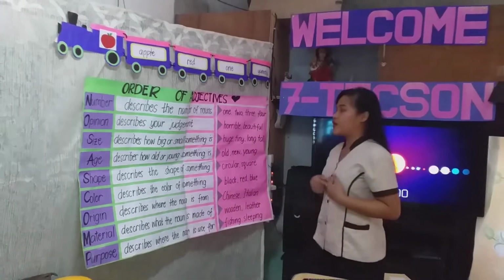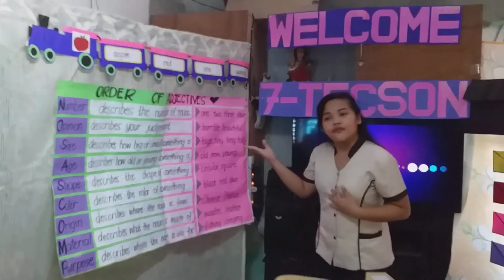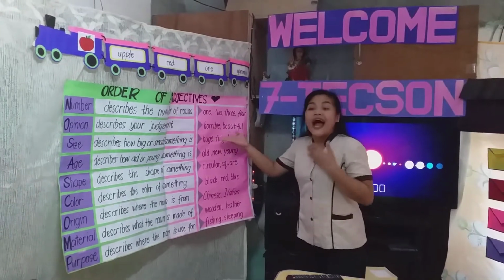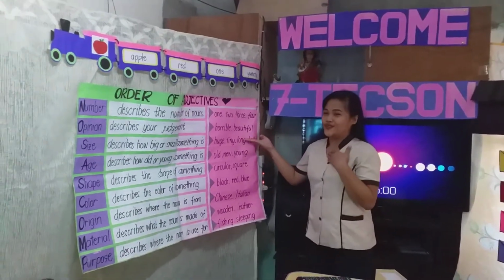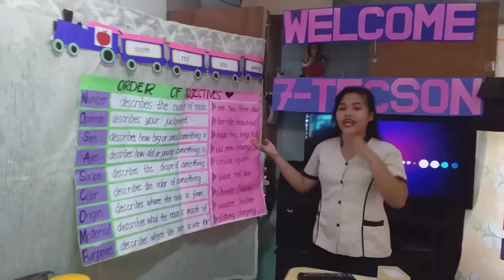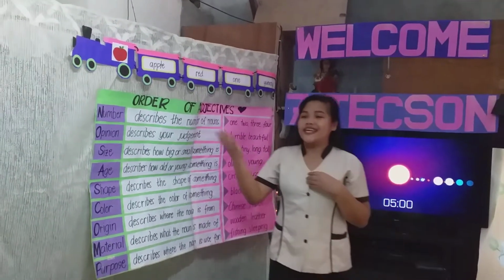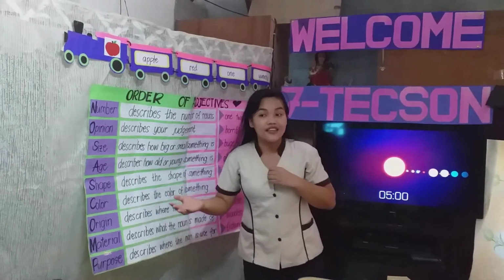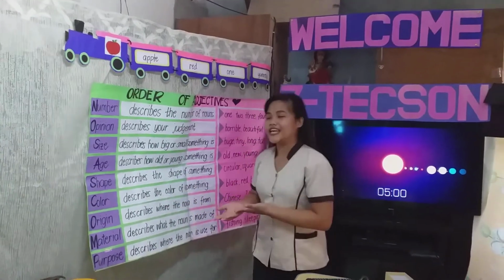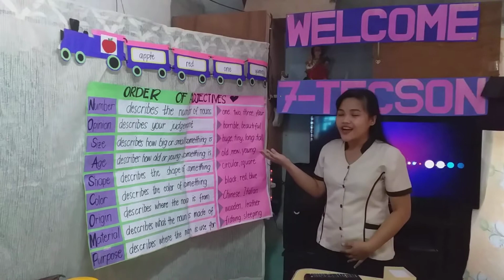For example, you are thinking that something is horrible, that I am beautiful. That is opinion. Who can give me another example of opinion? Yes, very good. You may say that something is ugly. Is it clear? Very good.